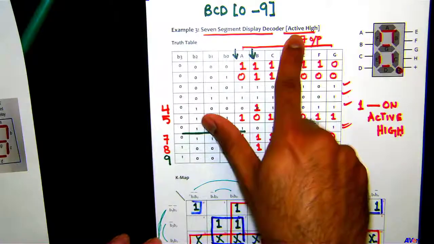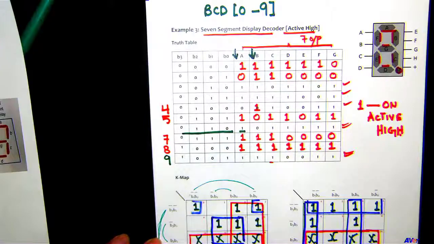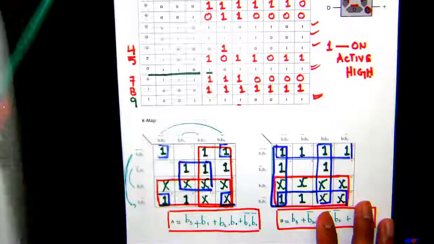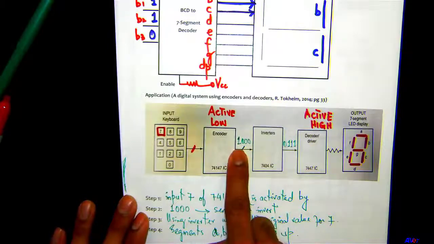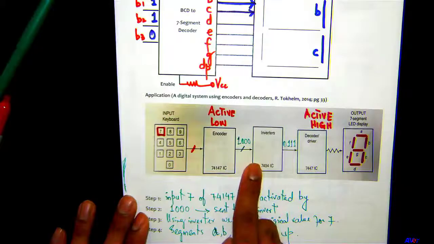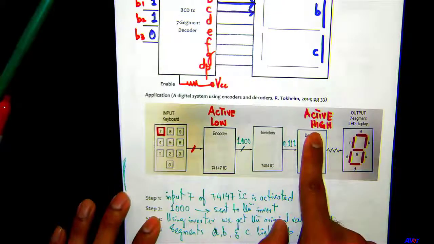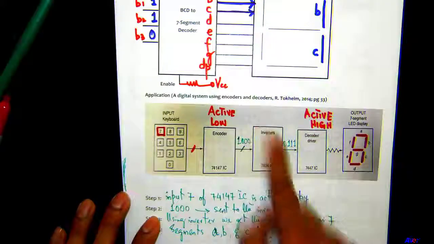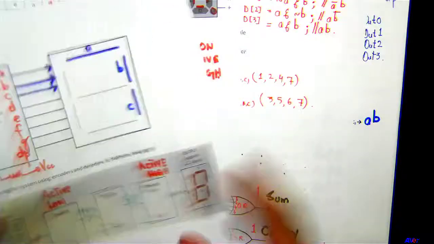If I change the wording here from active high to active low, all these values are going to change, right? Correct? Similarly, because this decoder was active high, I had to get the original form of 7, which is 0111, so I had to use the inverter in between so I can get 0111. Because this was active high. If this was active low, I probably didn't need the inverter over here. Okay, make sense, guys?